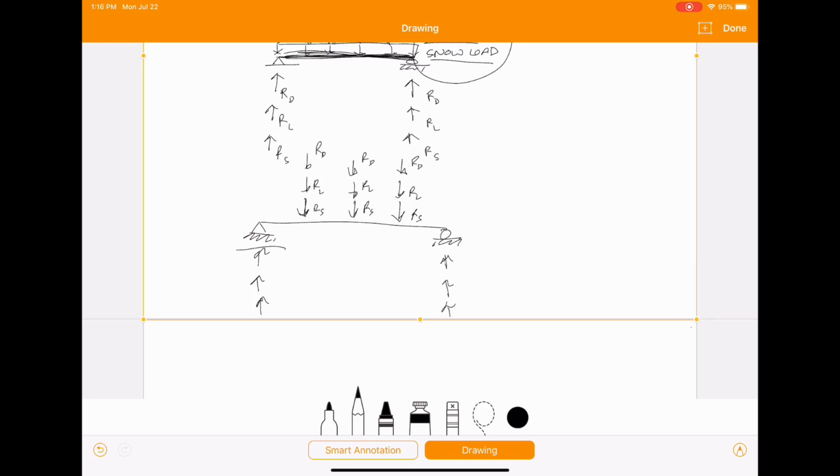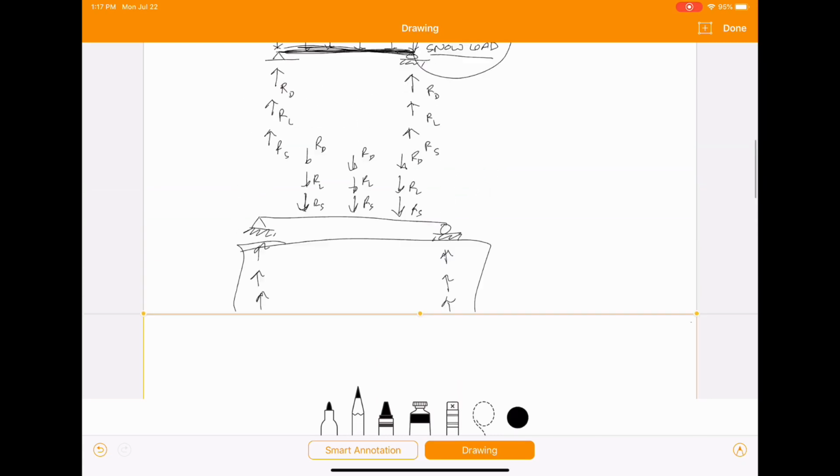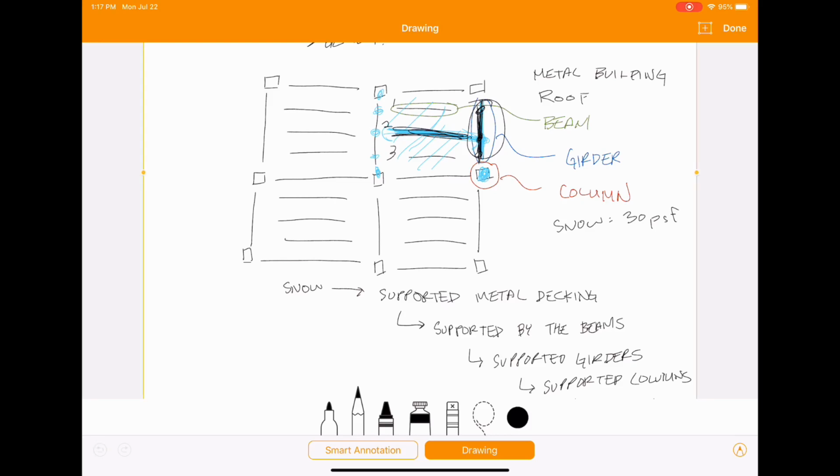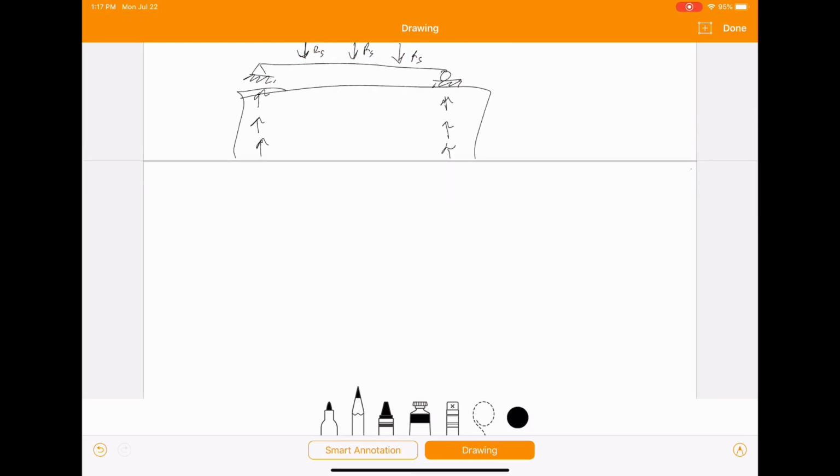And then you can pull these reactions and apply them to your column, because if we look up here, the girder is then being supported by the columns. So the reactions at the end of the girders are going to be applied to these columns.